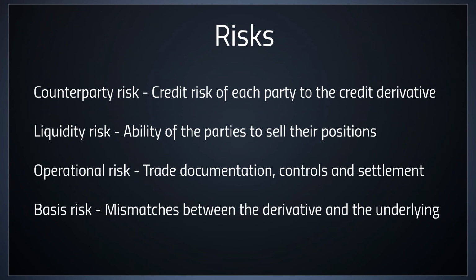So if we have a pool of credit positions and we buy a credit derivative that is not exactly the same as our credit positions, they can move in different directions so that you don't have a perfect hedge between the two items. And that's our basis risk, the difference between the value of the derivative and what you're trying to hedge.